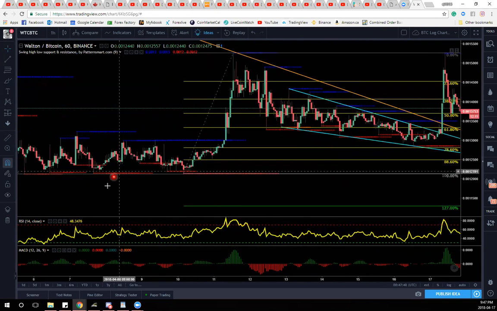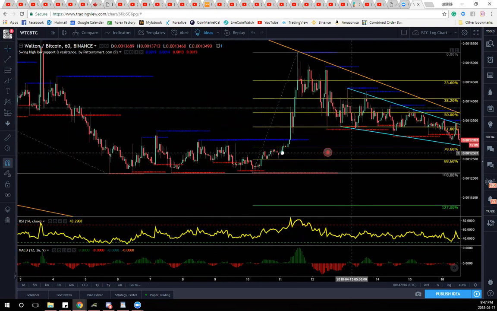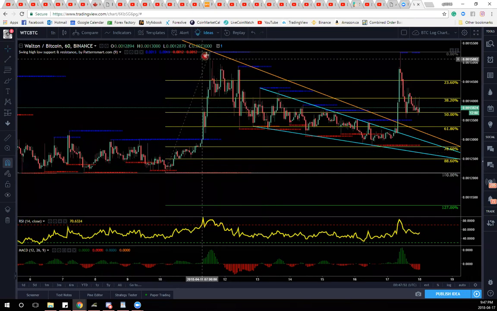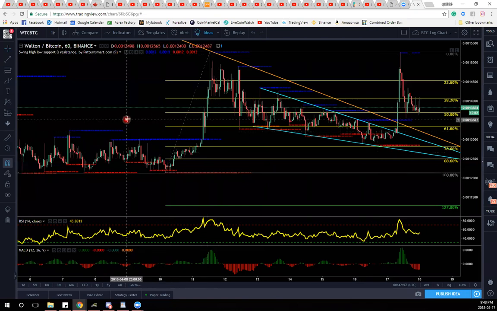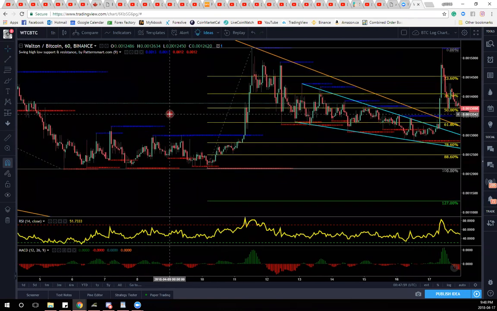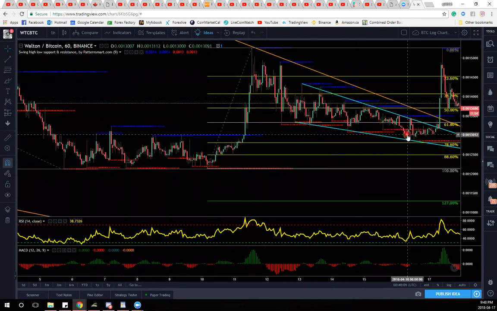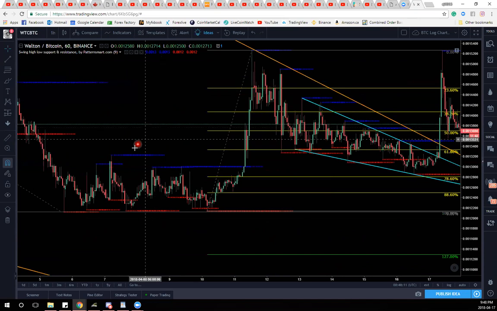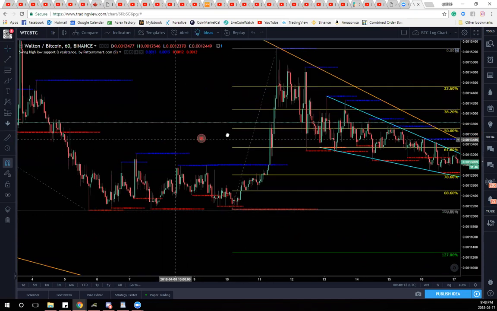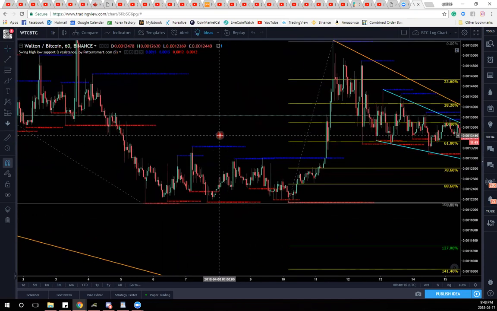And what we're missing as well is, when we make an impulse leg up or move up, whatever you want to call it, we make a pullback. So if we want to find our PSRs, our important levels of support and resistance, when we have a move up and we're coming back, we're looking for supports. If you want to find your supports, you need to go into the past before this move up and look for your resistances, not your past supports.